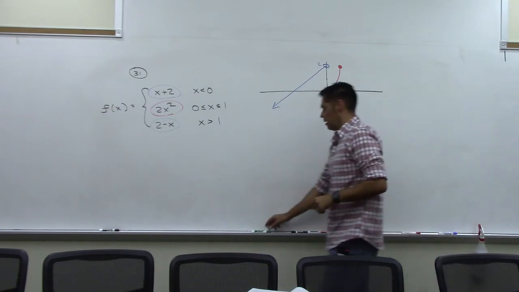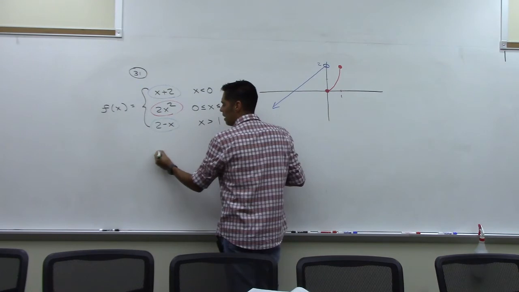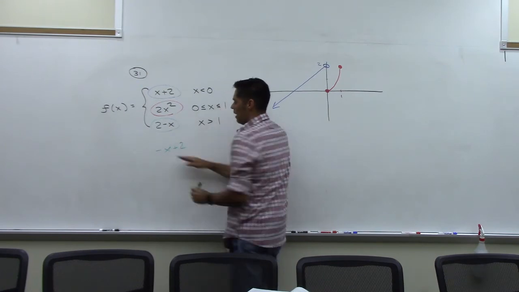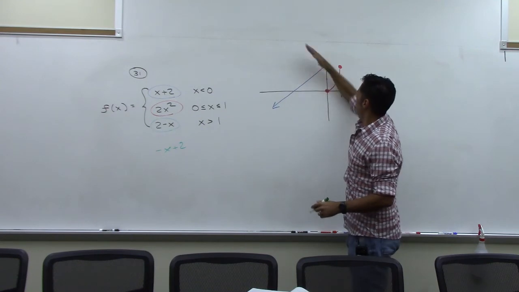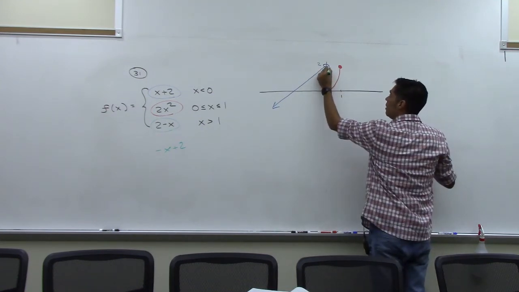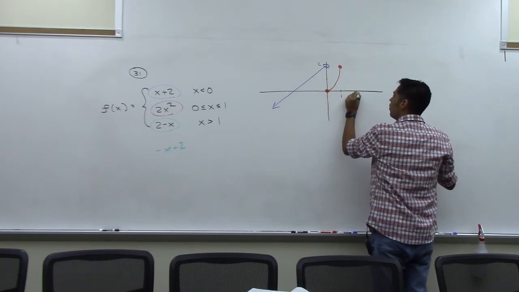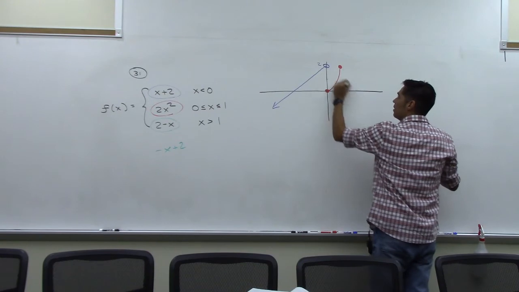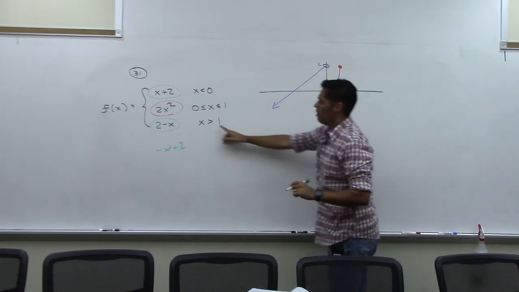Then the green one is again a line. I can write that as negative x plus 2. Negative x is the negative diagonal, but it's been moved up 2. If I were able to draw it, I would start here and go down 1 over 1, down 1 over 1. But I can only be to the right of 1.